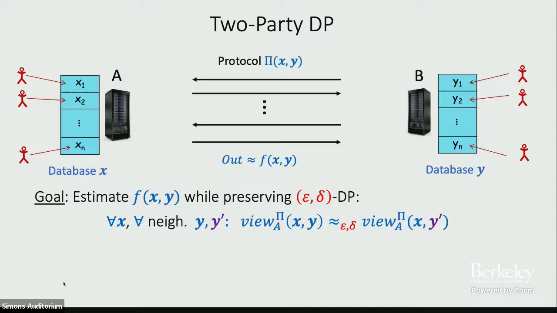So we want that for every input X of Alice, and for every two neighboring databases of Bob, the view of Alice in the protocol when Alice uses X and Bob uses Y will be epsilon-delta close to the view of Alice in the protocol when Alice still uses X, but Bob uses Y prime. This means that the view of Alice in the protocol preserves the privacy of the database of Bob.